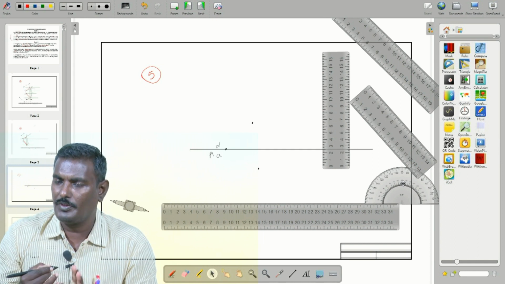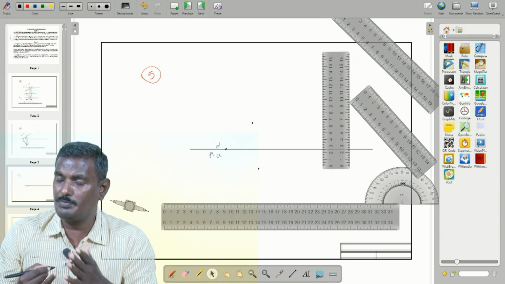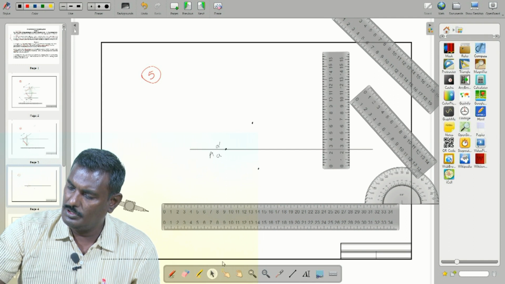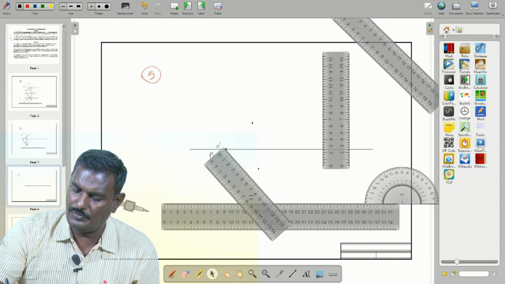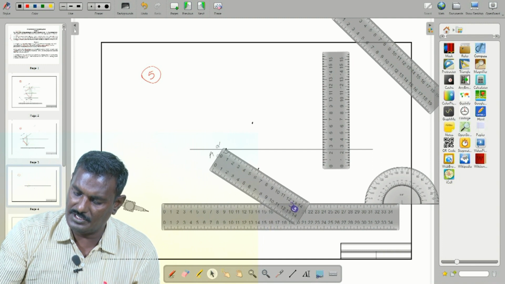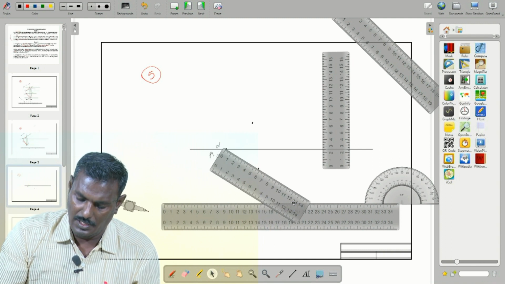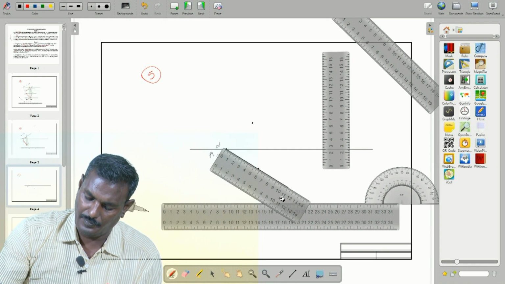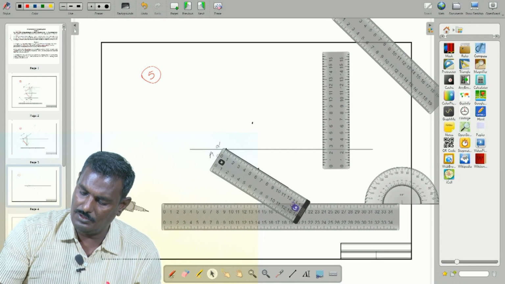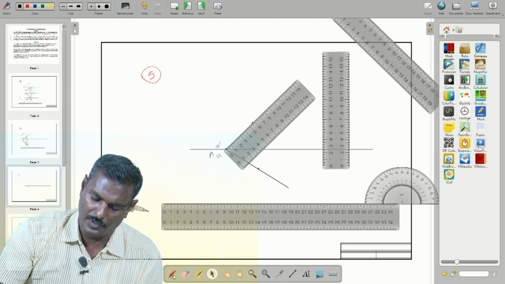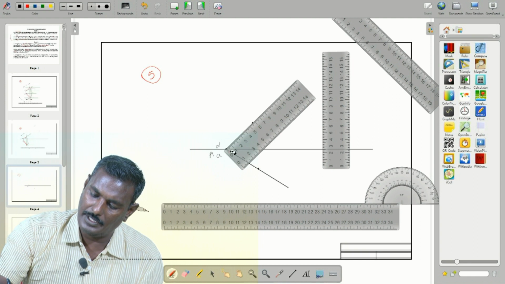So, now there are 2 points, is it? From this point you have to draw a line. So, we move the scale and rotate up to this 30 degree and draw a line. Similarly, we rotate up to 45 degree and draw a line.